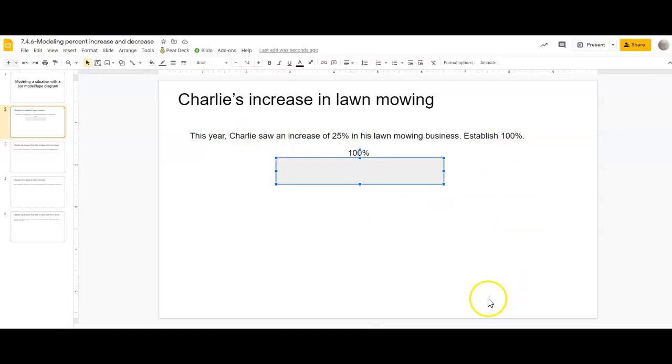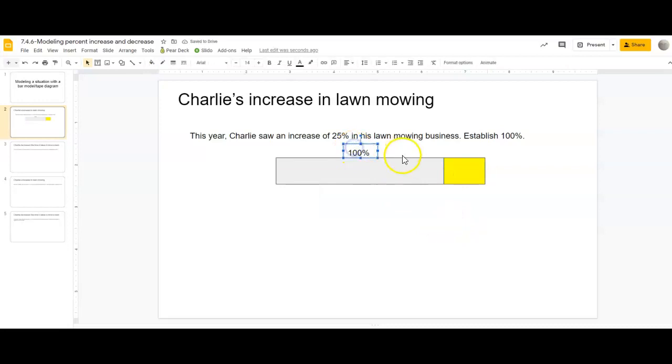So we're going to create 125% because it's a 25% increase. What I'm going to do is copy and paste this so that it's the same size, and that's about 50%, which means that's about 25%. I'm going to change it to a different color, and then I'm going to snap it onto the end.